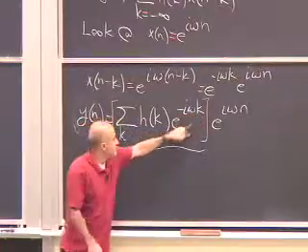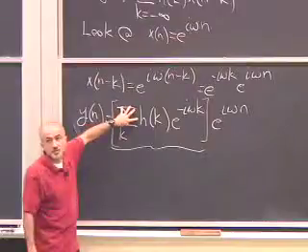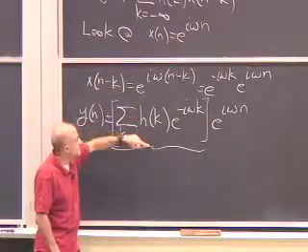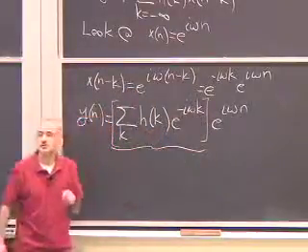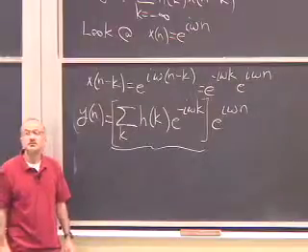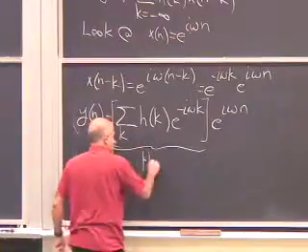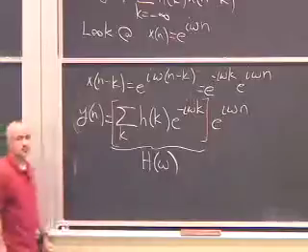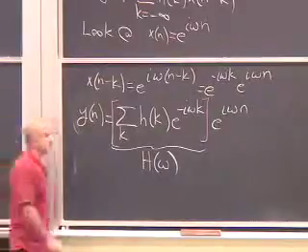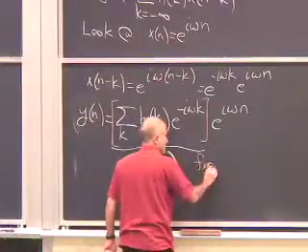And the product of these two forms the kernel of this summation. So you're summing over k. What's going to be left? What kind of a function? Omega. We call that with the capital letter H, H of omega. And this is the frequency response of the filter.